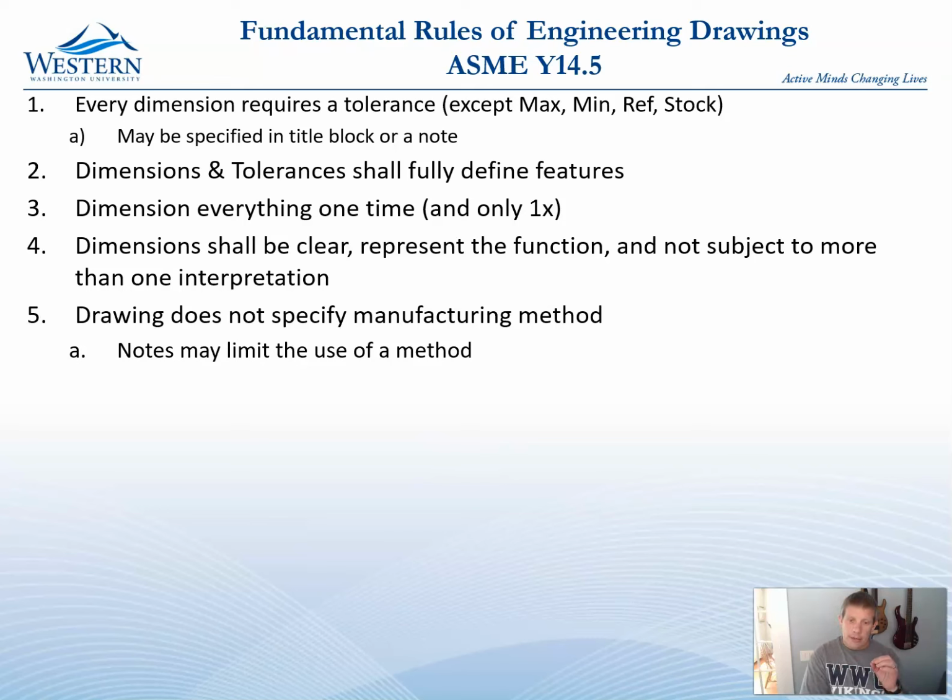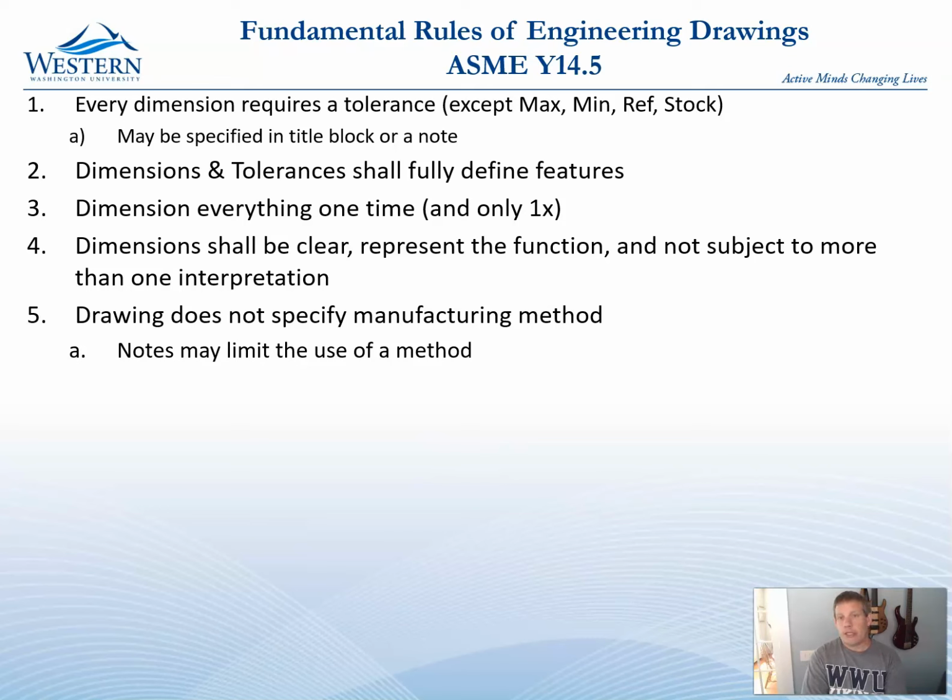The one way that you can tell them is you can tell them not to do something. And so if there is a method that cannot be used for some reason, then you can say may not be cut in this manner.